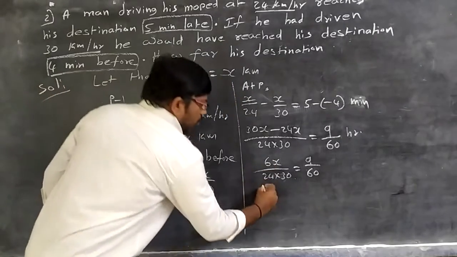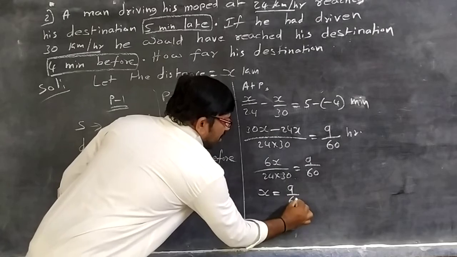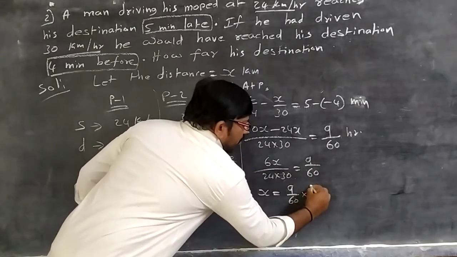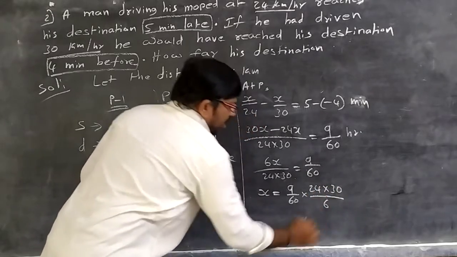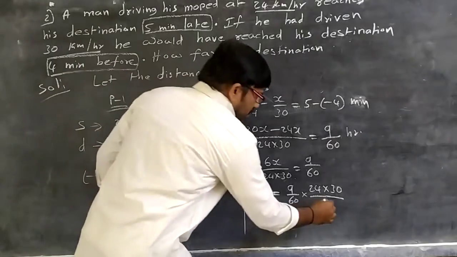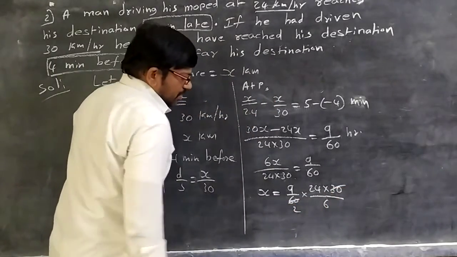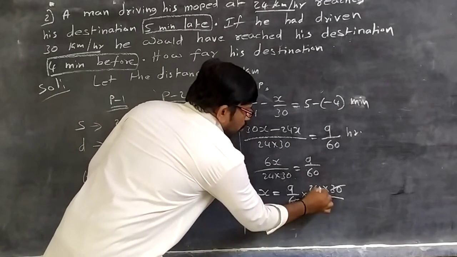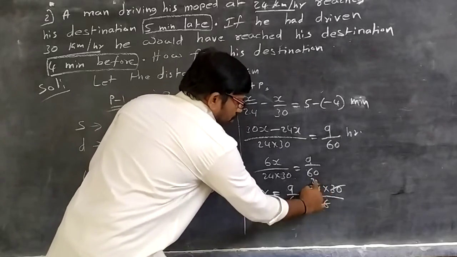Then x is equal to 9 by 60 into 24 into 30 by 6. Now cancel it. 6 2s are 12, 12 2s are 24.